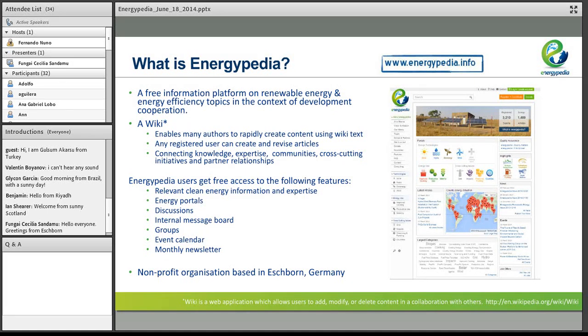We have a monthly newsletter that we publish for free that gives an overview of events and results in the energy sector. Basically, our aim is to give relevant and high quality clean energy information on the platform. Energypedia is run by the non-profit organization Energypedia, and we are based in Eschborn, Germany.